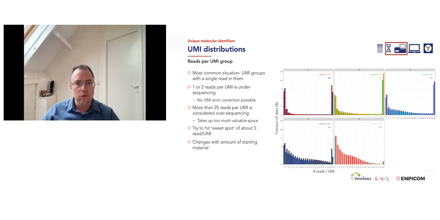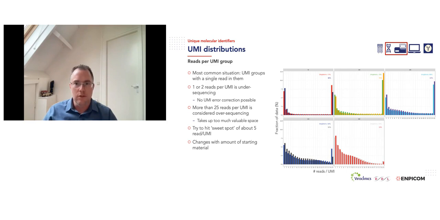In fact, when we tried to optimize our assay a little, we noted that by using different amounts of starting material, as you can see here in the slide, the ratio between singletons and a very high number of, say, the 25 plus category UMIs shifted quite a bit.